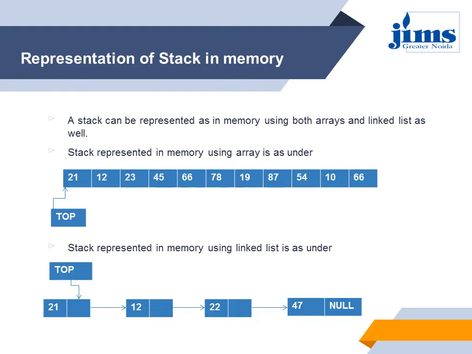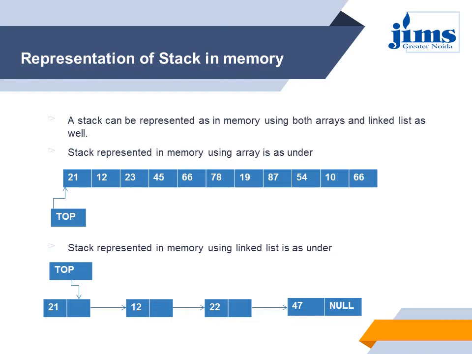Now similarly, if I want to store the stack using a linked list, the first element that was added to the memory was 47. Now 47 and then 22, then 12 and then 21.